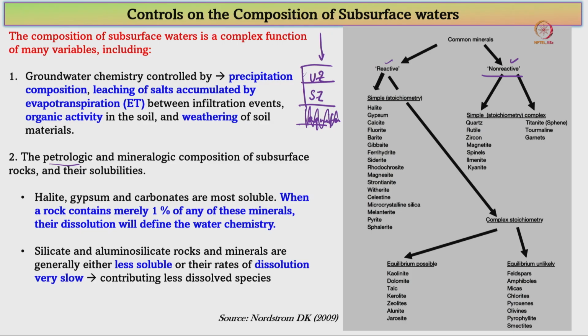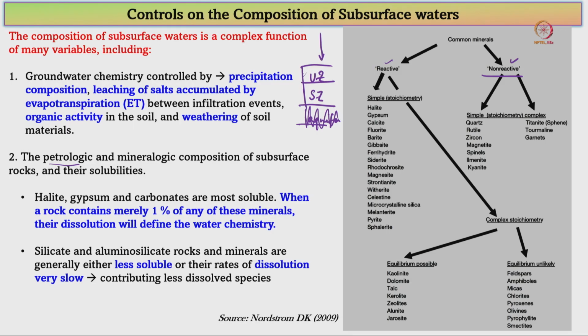The other has more complex stoichiometry, meaning other parameters can determine its solubility. Even under that category, we can differentiate between those minerals for which an equilibrium is possible when they react, and another set in which equilibrium is extremely unlikely.